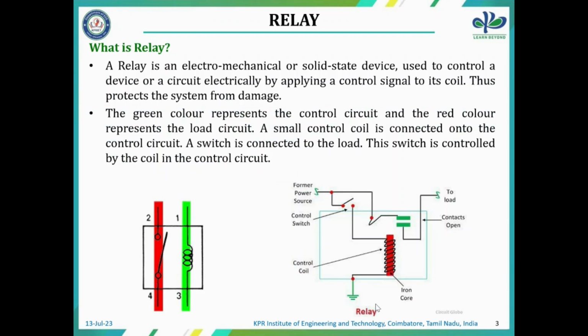Before interfacing that, we must know how the relay works and what a relay is at all. It is a simple electromechanical component or solid state device that is used to control a device or circuit electrically by applying a control signal to the coil.